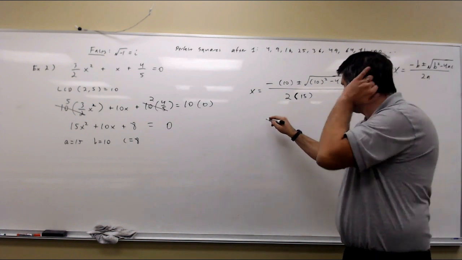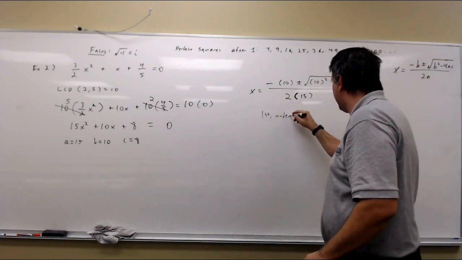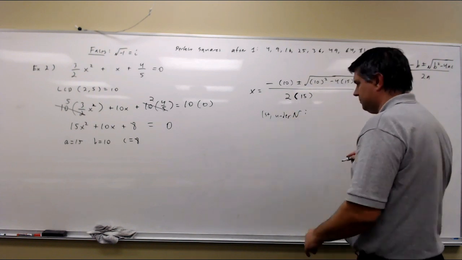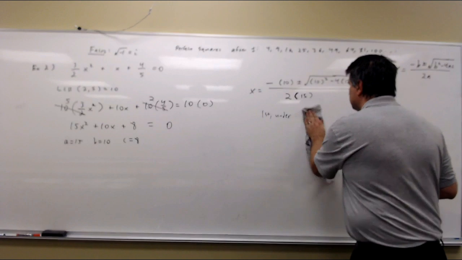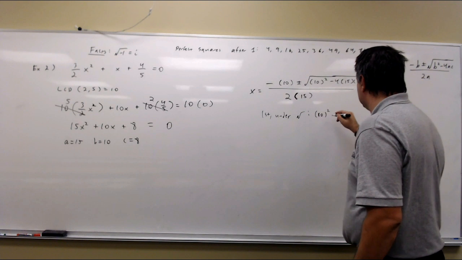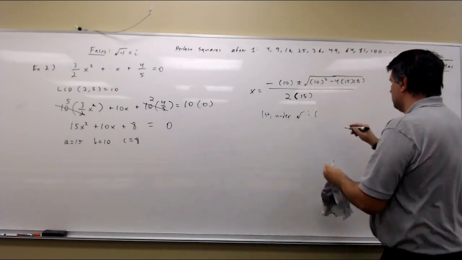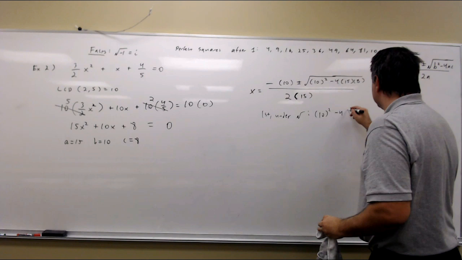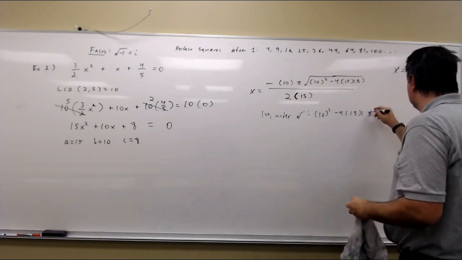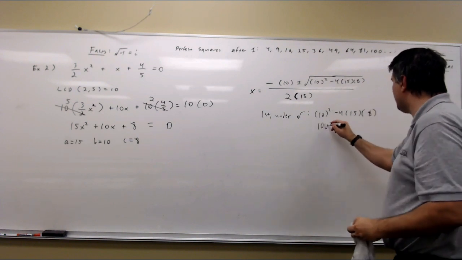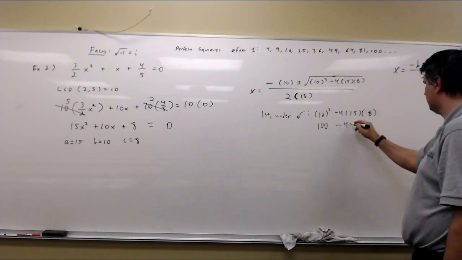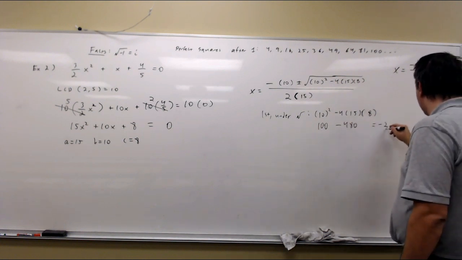So first, under the radical. My first thing I do is what's under the radical. 10 squared minus 4 times 15 times 8. So that's going to be 100 minus 480, which gives me negative 380.